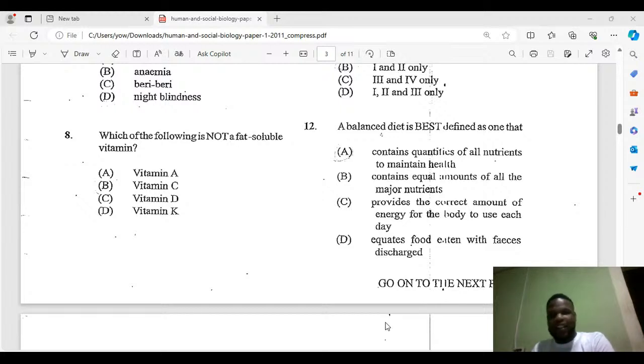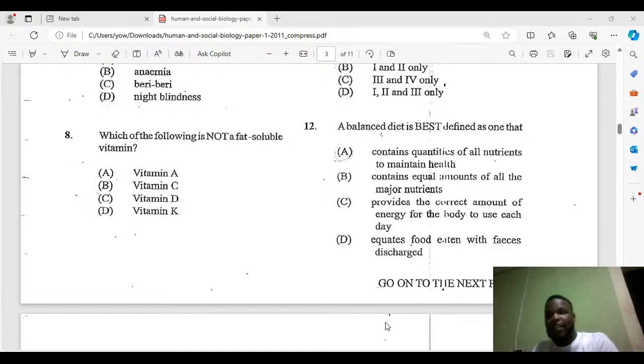All right, so this is a little bit of facts for you guys. Water soluble means that it can be dissolved in water. Some vitamins can be dissolved in water and some vitamins can be dissolved in fat. We really need to know the difference, because it can come in many different ways.